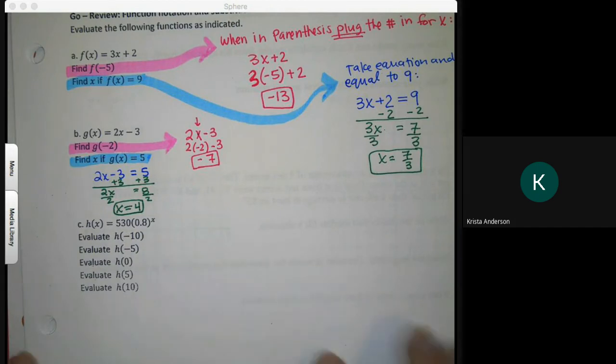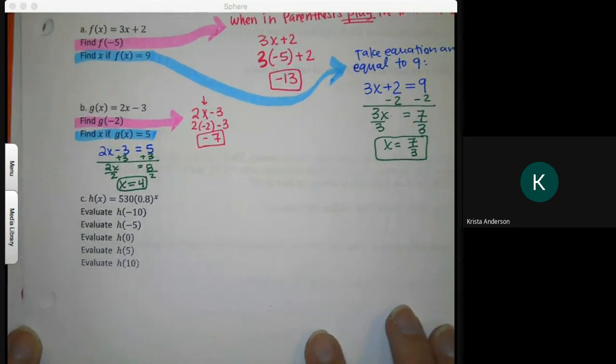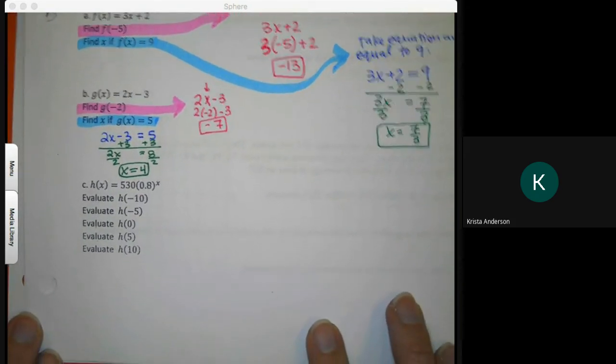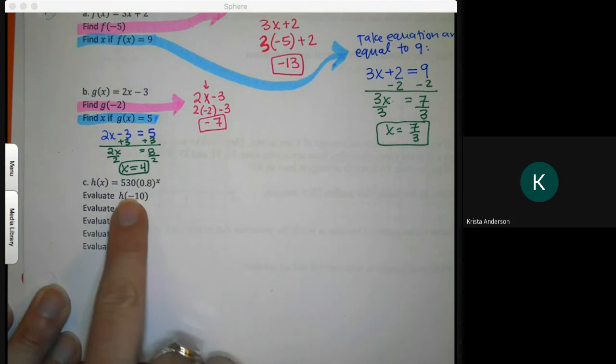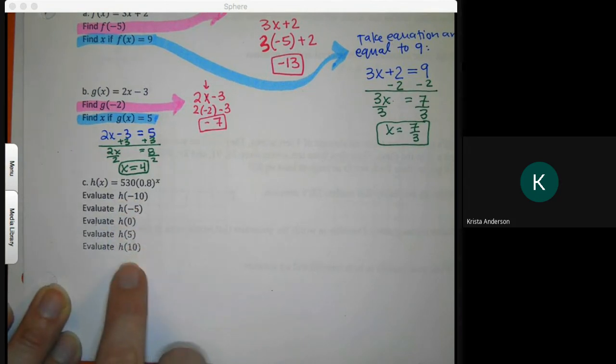As I look to C, are any of these on C an equal to where we'll have to solve? None of them say equal. What do you notice about all of these numbers? All of them are in parentheses.